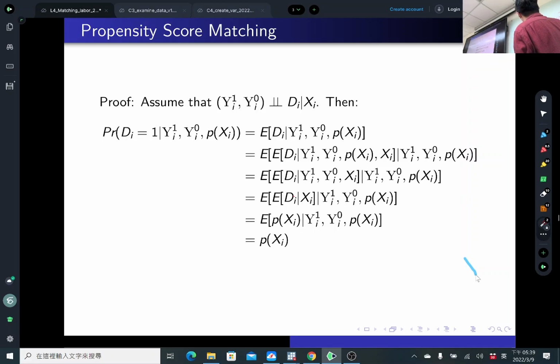So 1 times the probability of treatment conditional on Y_i1, Y_i0, and p, plus 0 times this probability.